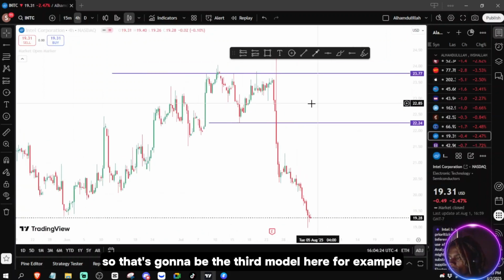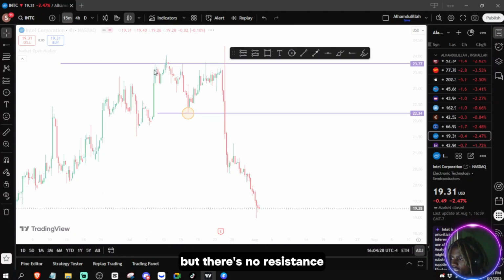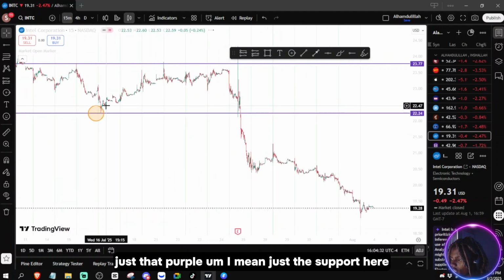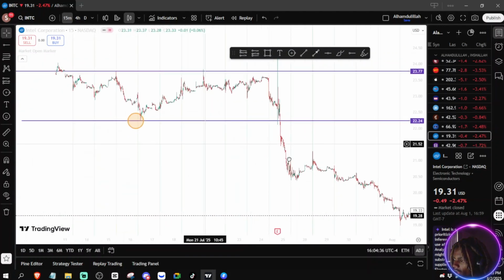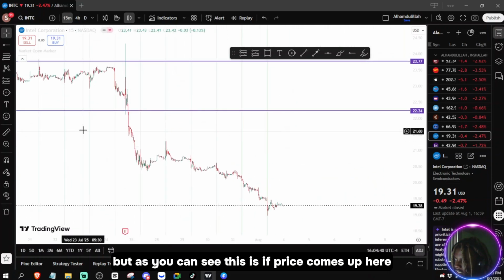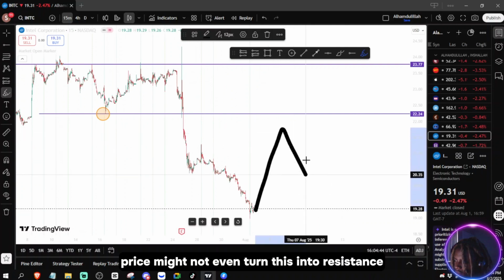Here, for example, as you can see, the support is here, but there's no resistance at the purple line, just the support. Then price broke out here. If price comes up here, it might not even turn this into resistance.